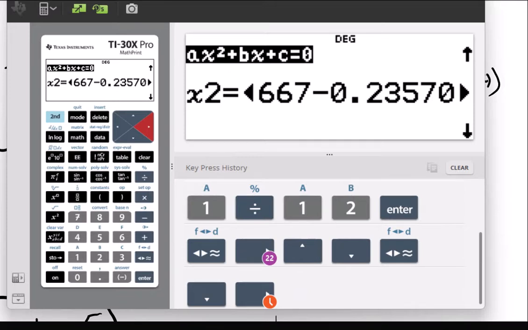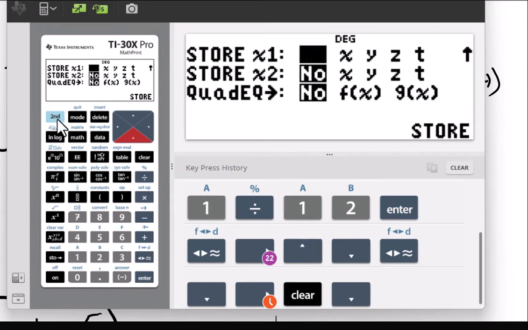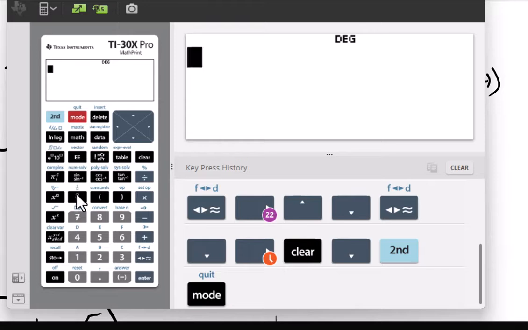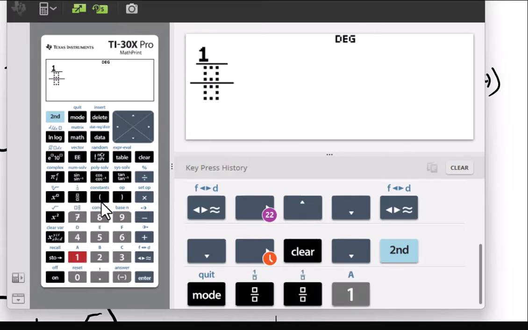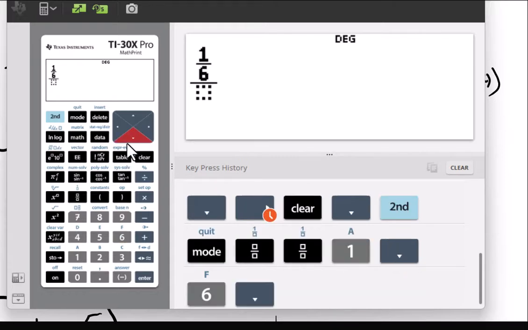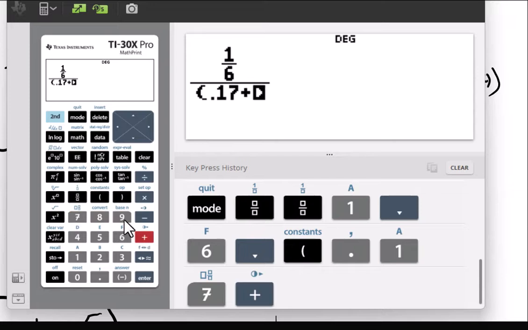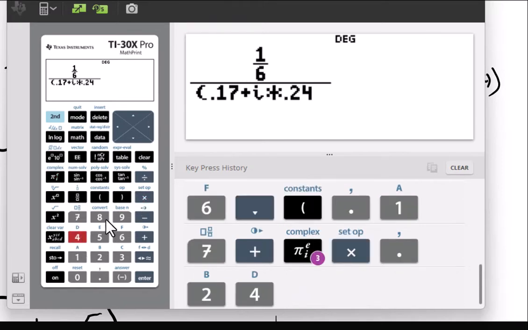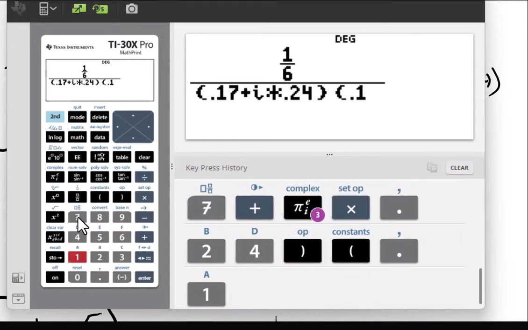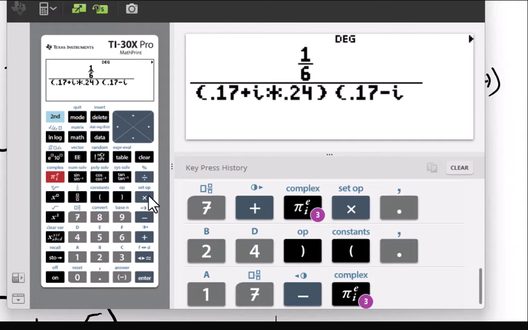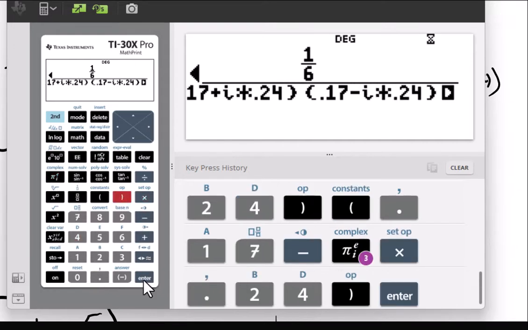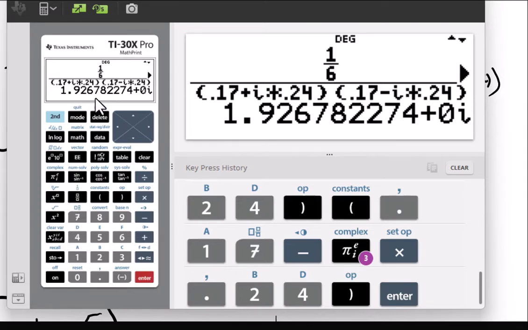So I would do, let's see, I get a fraction, and on the top of the fraction I'll have 1/6, and on the bottom of the fraction I'll have open parentheses 0.17 plus, now it's going to be I on the calculator, I times 0.24, and 0.17 minus I times 0.24, and I get 1.93 plus 0I, and I do expect to get zero imaginary part because these are conjugates of each other.